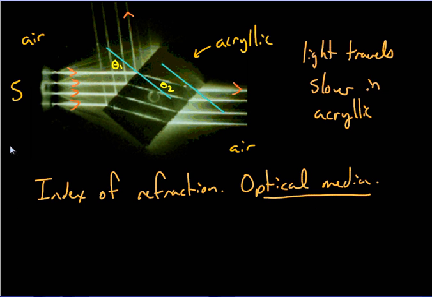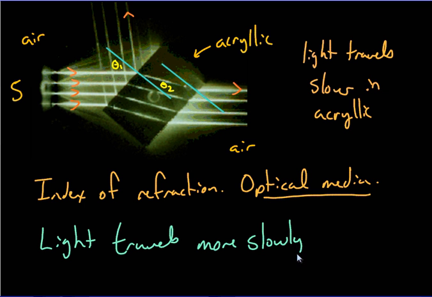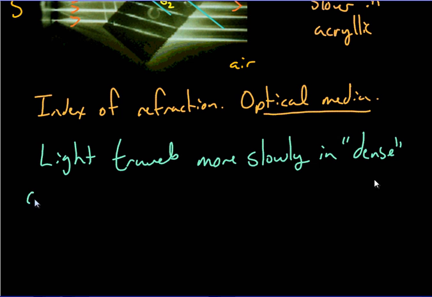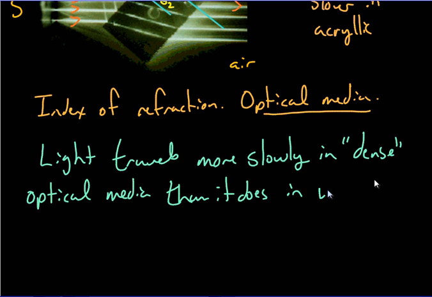And the key to understanding this is that light travels more slowly in dense optical media than it does in vacuum.